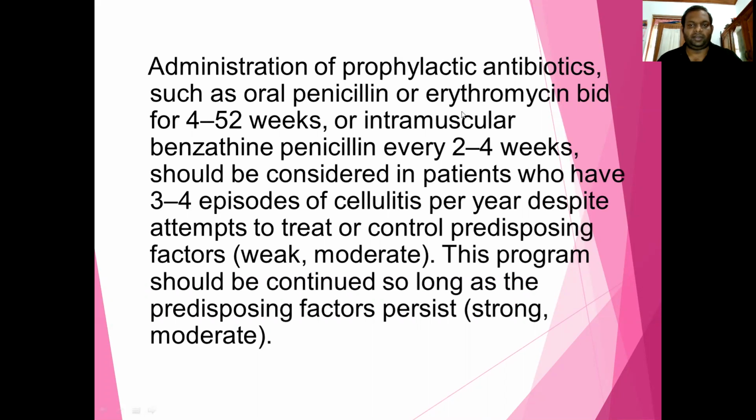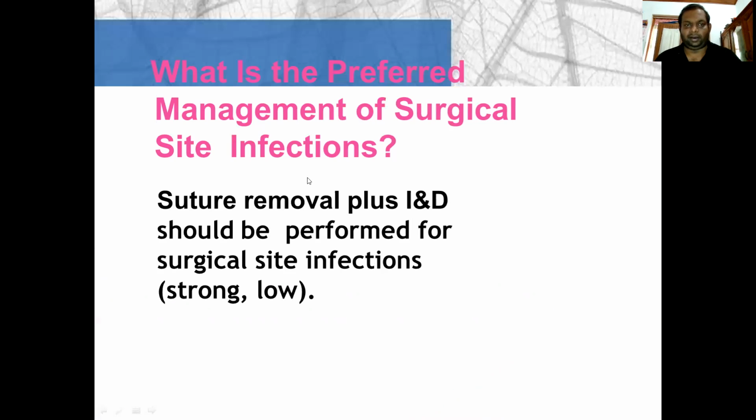So we often give penicillin or erythromycin or benzathine penicillin intramuscular every 2 to 4 weeks, for those who have had 3 to 4 episodes of cellulitis per year. That's how we often treat. Management of surgical site infection is another one. Suture removal plus incision and drainage should be performed for surgical site infection.